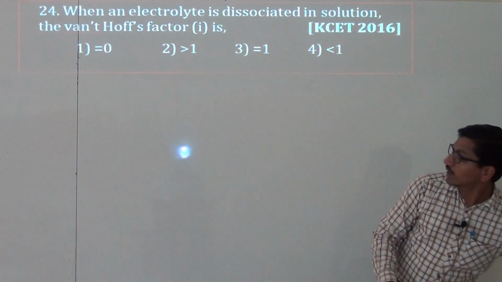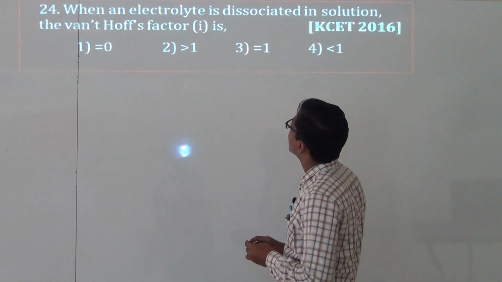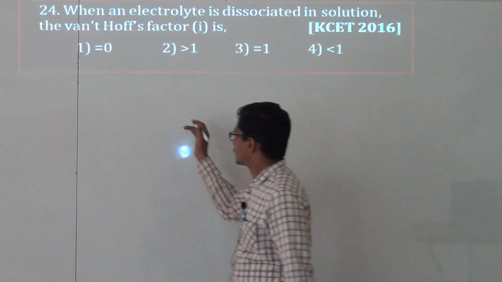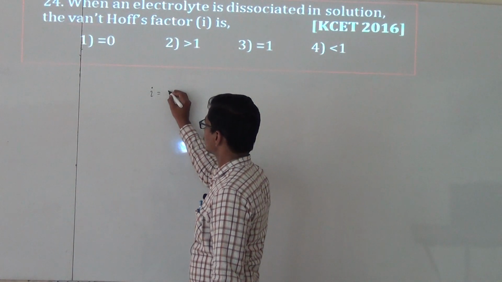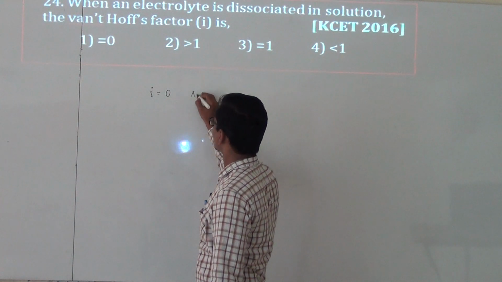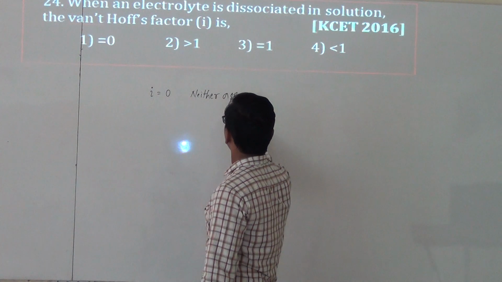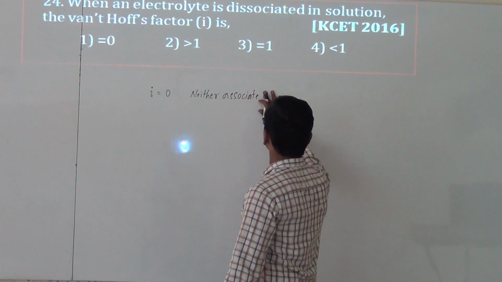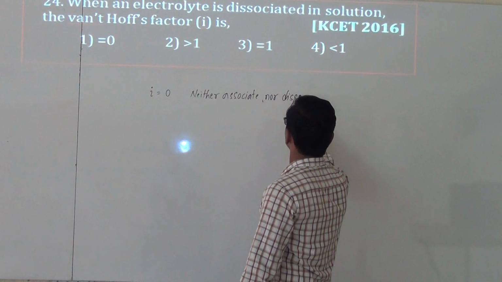Next question is, when an electrolyte is dissociated in solution, the van't Hoff factor is, there are 3 conditions. i is equal to 1 means neither associate nor dissociate.